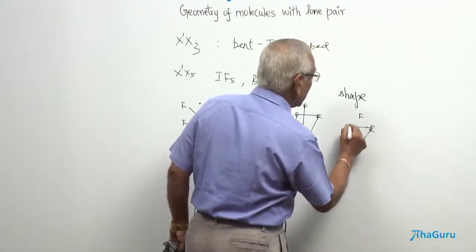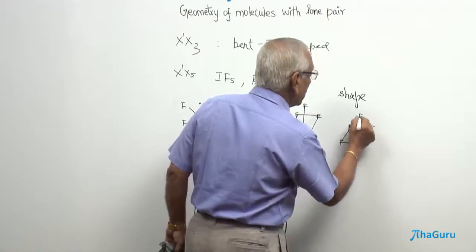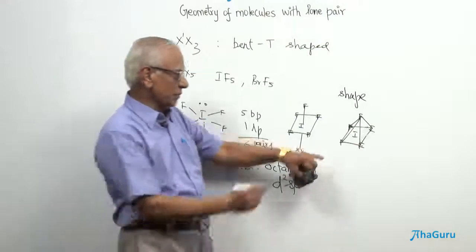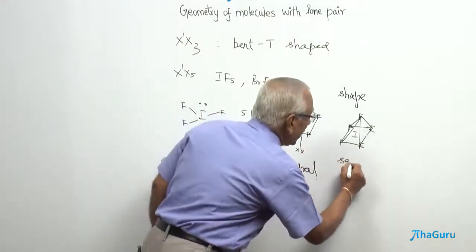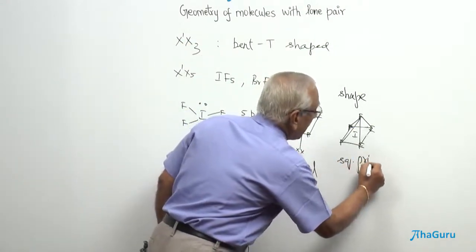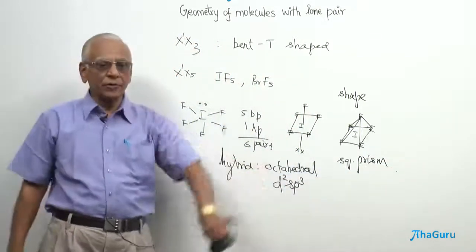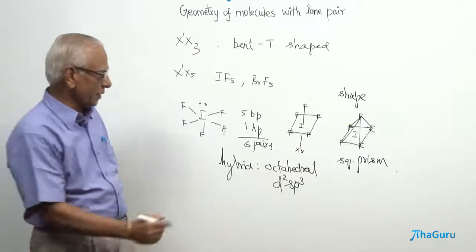Now, if you join them, you see here, I am not going to get a prism. This is called a square pyramid, and that is the shape of IF5.